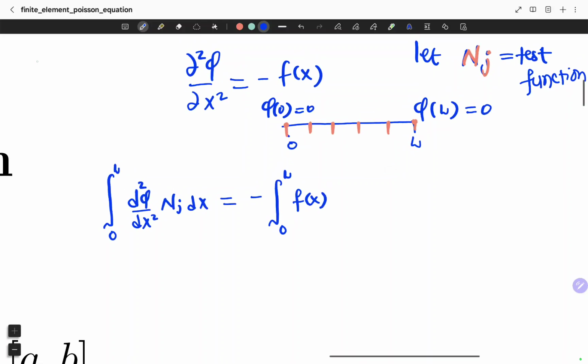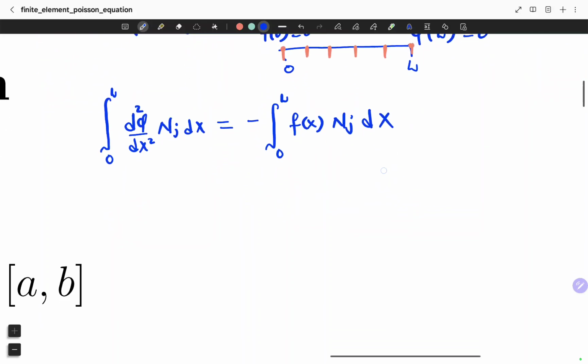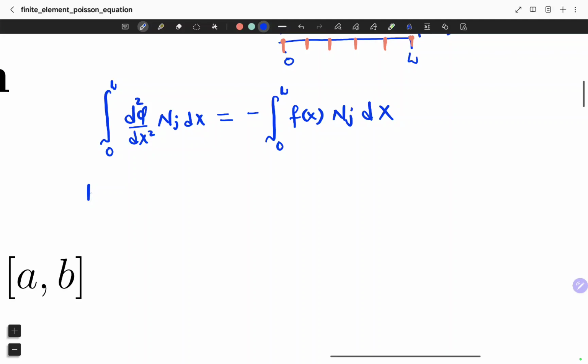Remember, for electrostatics, f of x is rho over epsilon 0. Now f of x nj dx. So for the right hand side, that is it; for the left hand side, we integrate by parts.